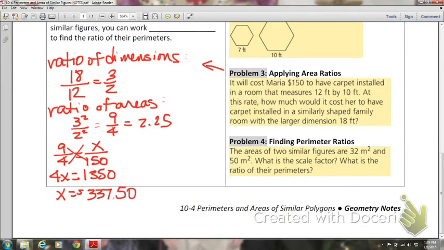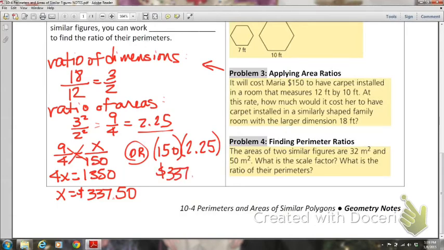So we're looking at cost. So that's $337.50. Or the other thing we could have done, since we had this rate for the ratio of the areas as well, we could have taken the 150, which was the cost of that smaller area, and multiplied it times that 2.25, and that would have also given you $337.50.